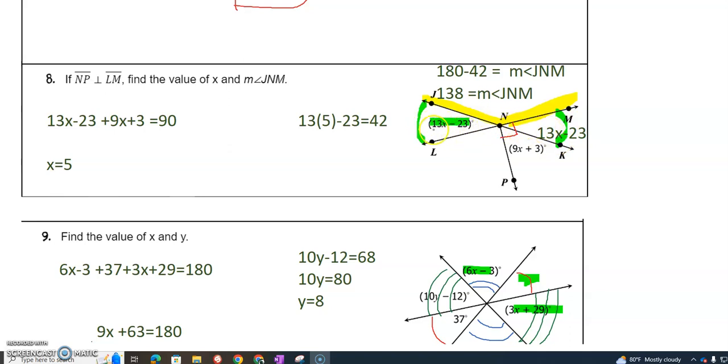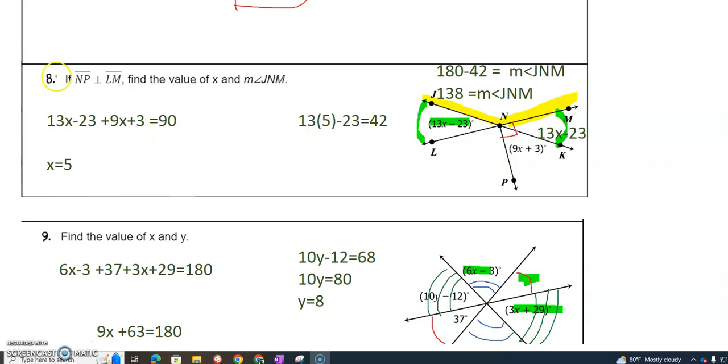So the measure of 3x minus 23 is also the measure of this angle over here, which is 13x minus 23. Now that I know these are congruent, this angle marked 13x minus 23, added with this angle, 9x plus 3, will equal 90.